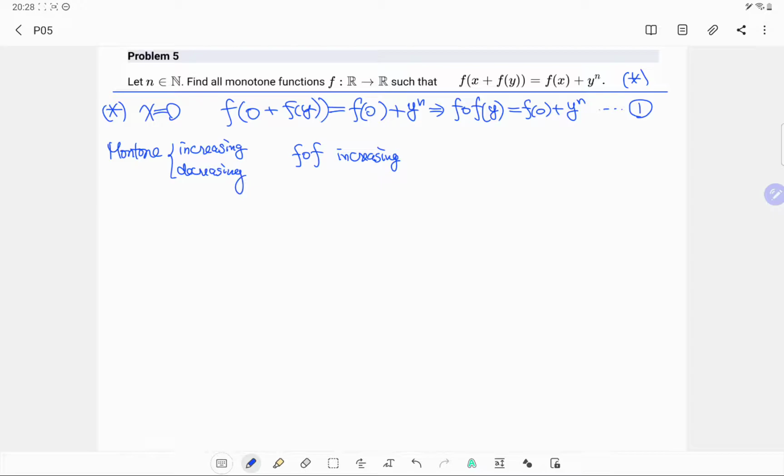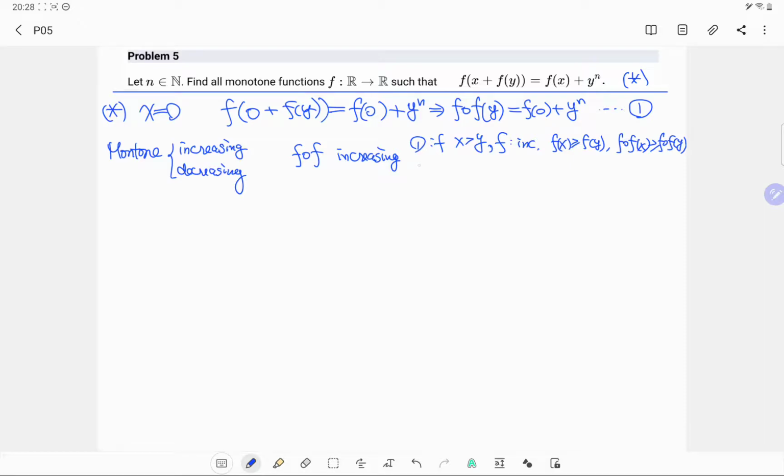But actually we can know that f of f is increasing. If x is larger than y and f is increasing, then f(x) should be larger or equal to f(y).